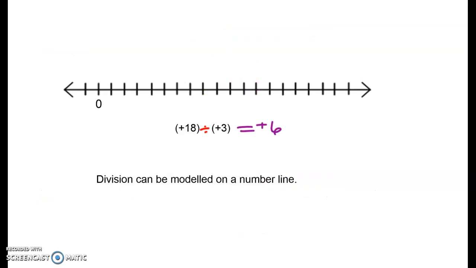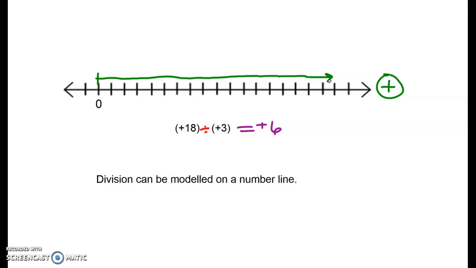I see that we should have done this number line first because this is by far the easiest. This is what you've been doing since grade 2. Okay, so 18, we can start at the 0, and of course we go in the positive direction towards the right. 1, 2, 4, 6, 8, 10, 12, 14, 16, 18.